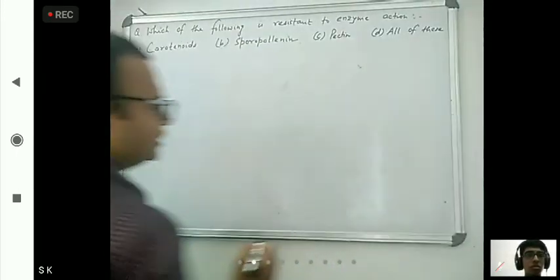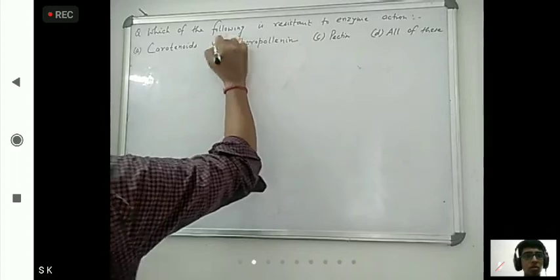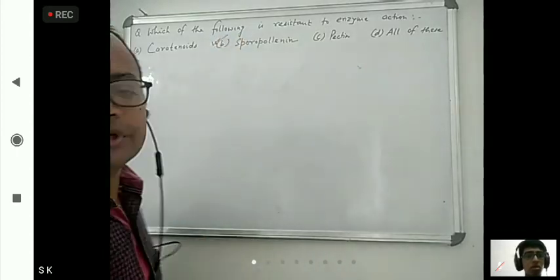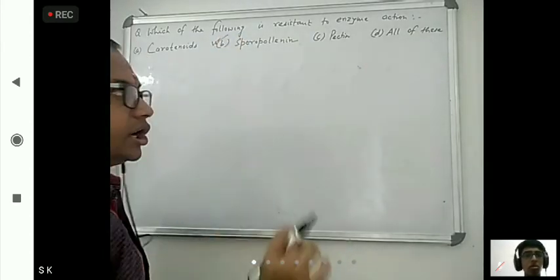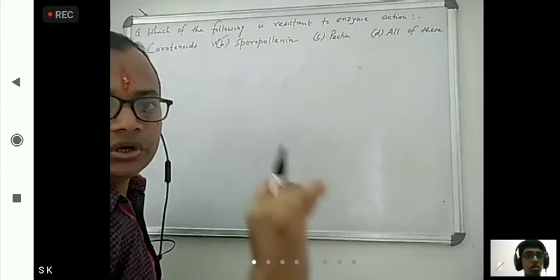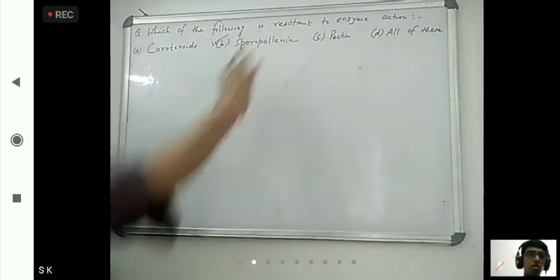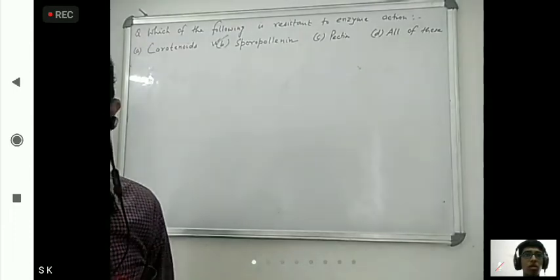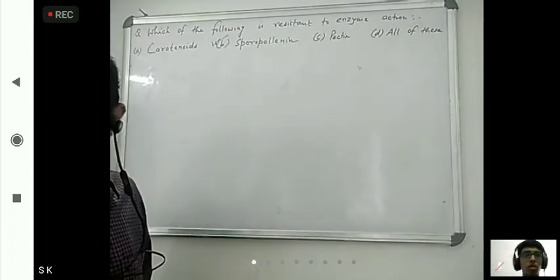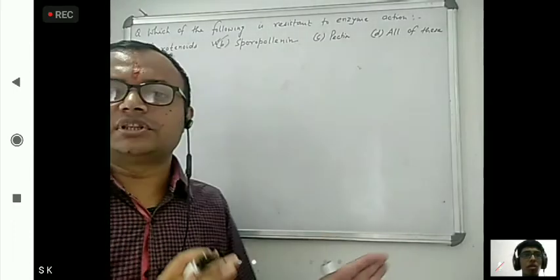Yes, tell me what will the answer? Right, so it is sporopollenin, which is the most resistant organic material found naturally in this world, okay. So it is sporopollenin.